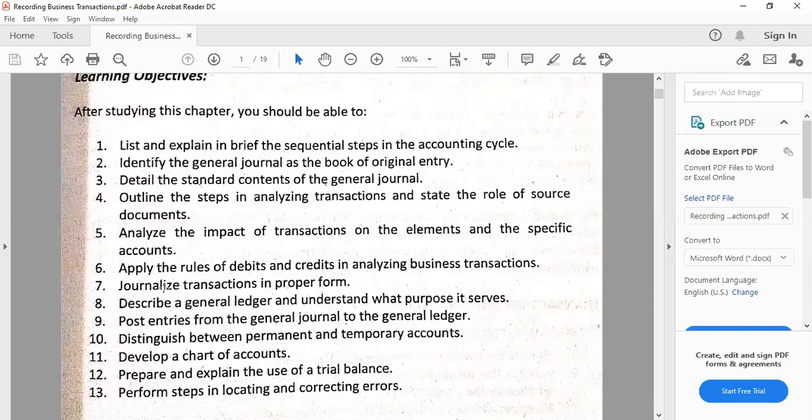The seventh is to journalize transactions in proper form or format, with the debit and the credit. So these are the 7 learning objectives for the general journal. For the purposes of discussion, for this part 1 we will focus only on the recording of business transactions, or journalizing, or recognition.